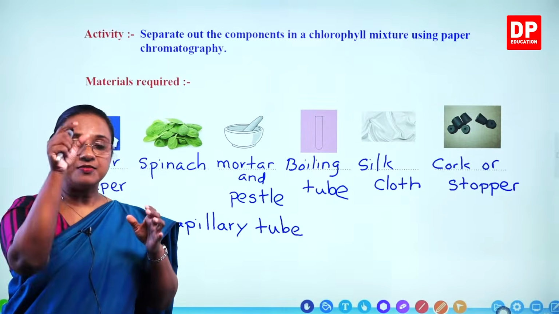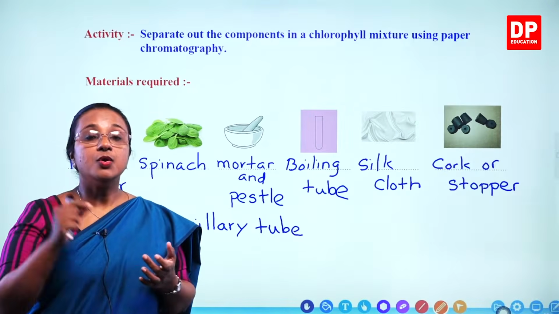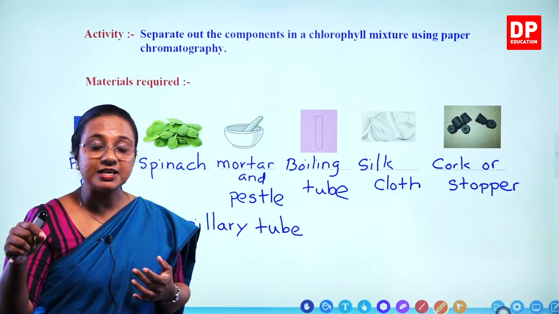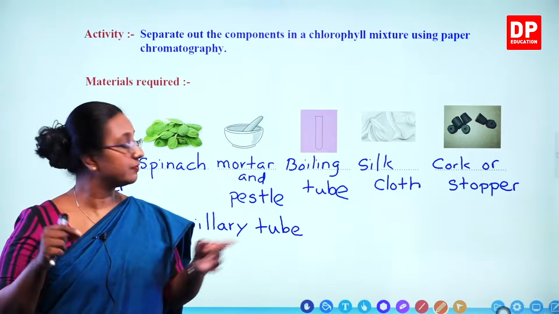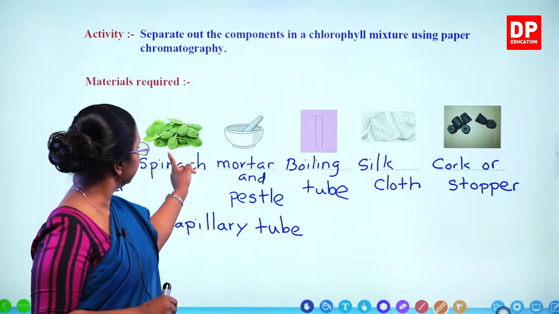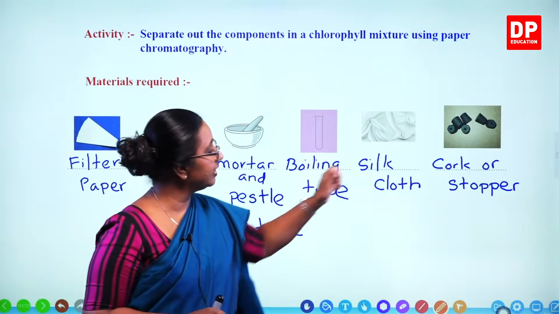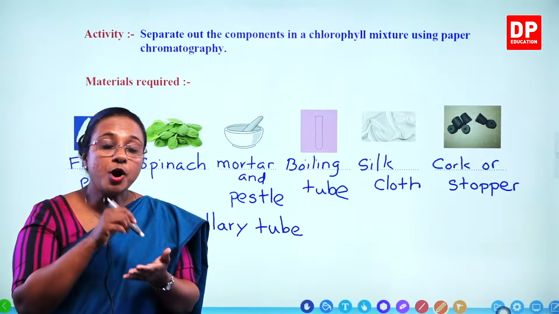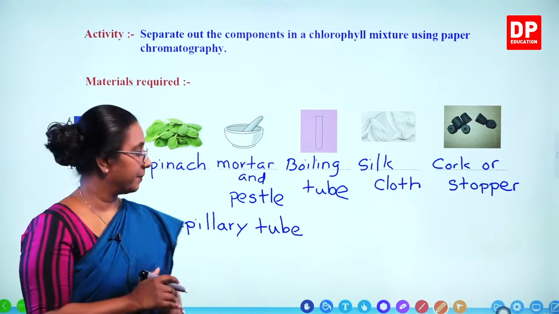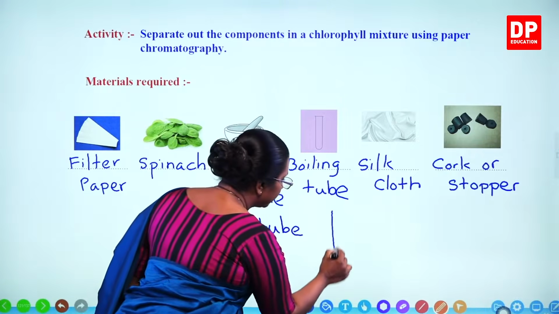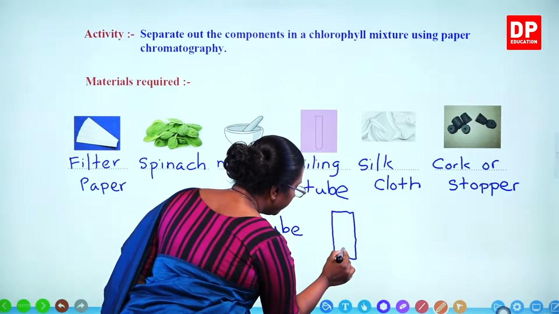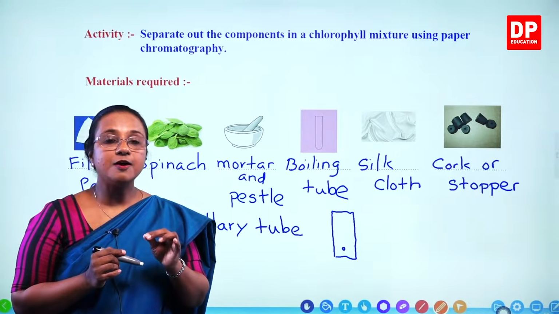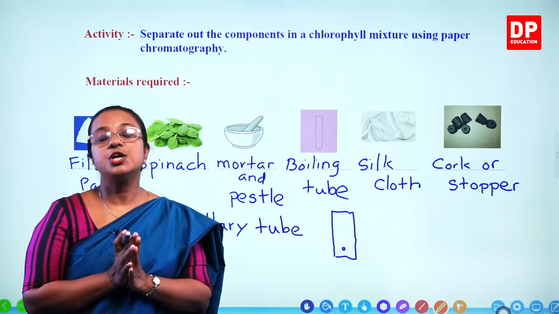So then we have strips of filter paper with a capillary tube. We take a very small amount of the extract, that is the spinach extract that was filtered with the silk cloth, and make a spot on the filter paper. So if this is the filter paper, we make a very tiny spot. We should be careful not to make a huge spot.